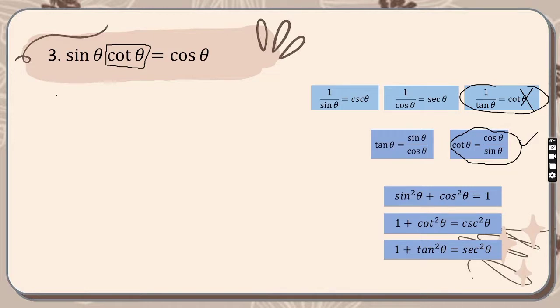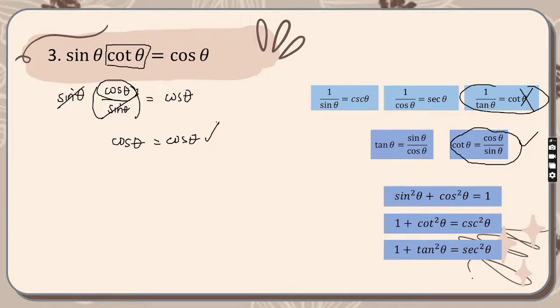So, we can write sine theta times cosine theta over sine theta is equal to cosine theta. So, dito, makikita mo na meron tayong pwedeng makancel, which is yung sine theta. So, pag kinancel na natin yan, ang matitira lang ay yung cosine theta. So we have cosine theta is equal to cosine theta. So this is another solution for number 3.